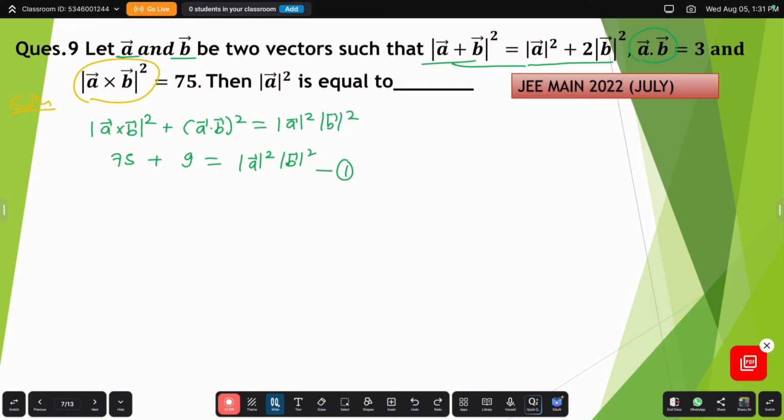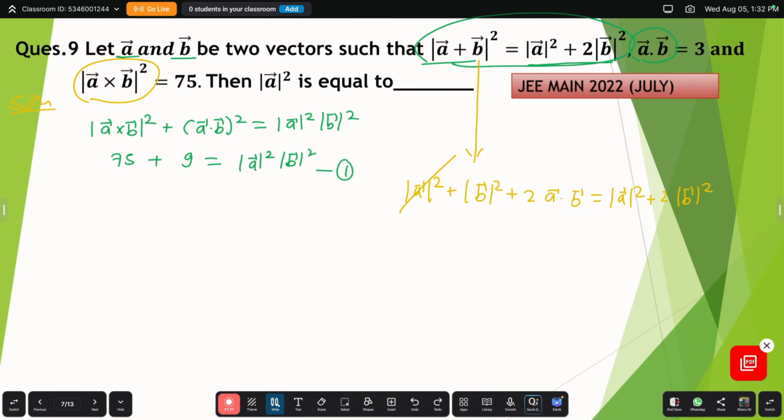Now use this information. Why is this given? This is also useful. It is not unnecessarily given. Use here mod A plus B whole square. Mod A plus B whole square is mod A square plus mod B square plus 2A dot B. And on the right-hand side, mod A square plus twice of mod B square.